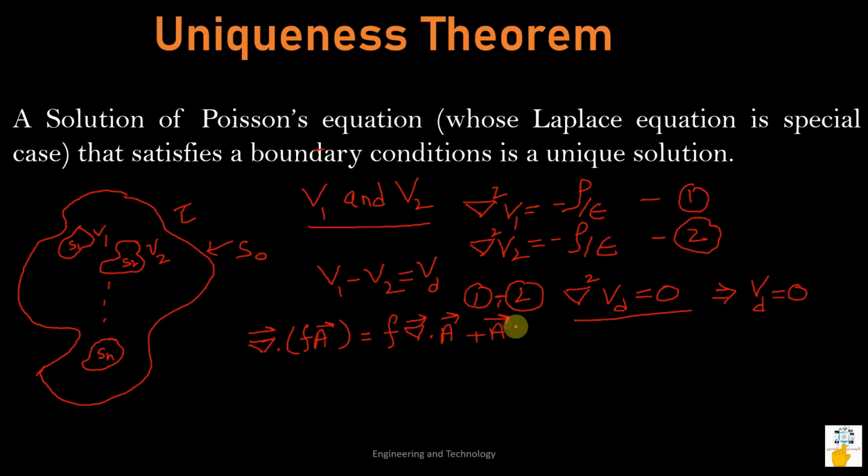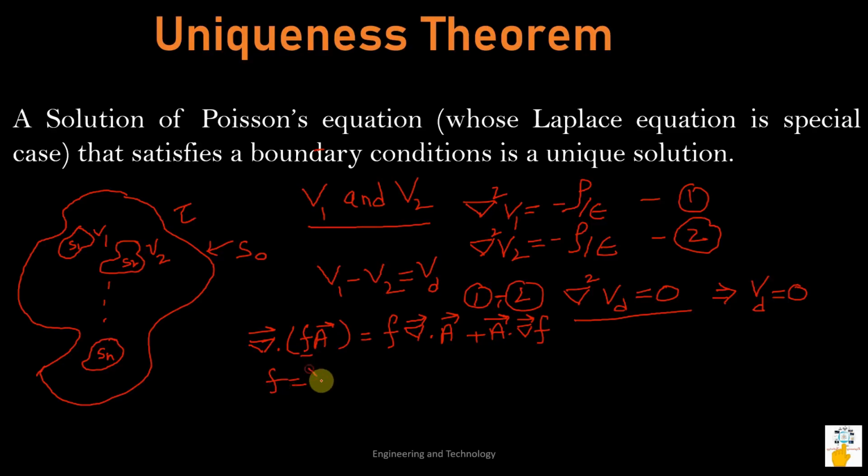You need to remember this vector identity. Here f is a scalar quantity, without an arrow, and A is a vector quantity.